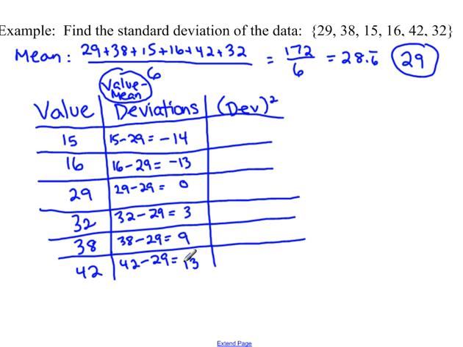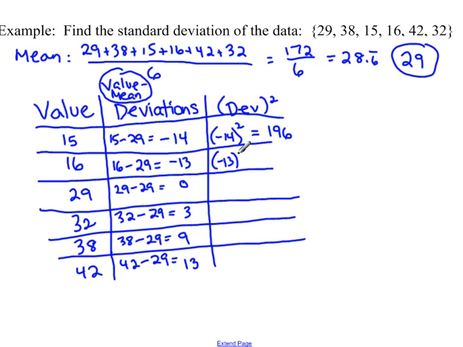Now we're going to take those numbers and square them. So that means to multiply it by itself, or use your calculator button that looks like that with a little squared above it. If you have a negative number, you must put it in parentheses so that it will be positive, because all of these numbers should be positive. So negative 14 times negative 14 is positive 196.